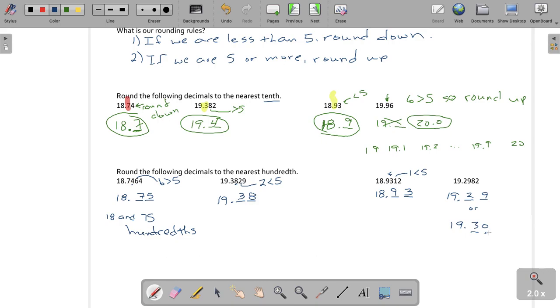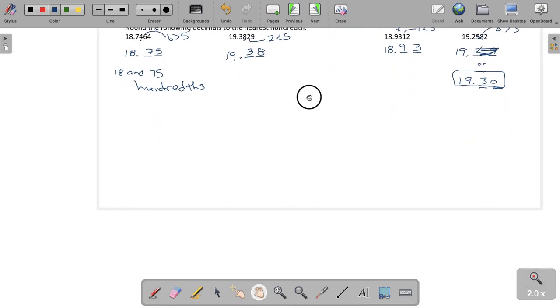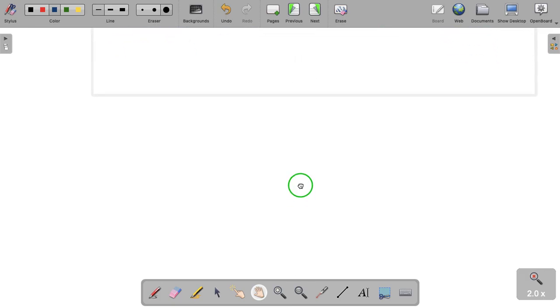If I do round up, it's got to be 30. And so I look at this 8. I say, gosh, 8 is greater than 5, which means we can't round down to 29. That's not an option. That's got to change. So we have to go to 19.30. And there's our answer. Okay, so that's rounding.